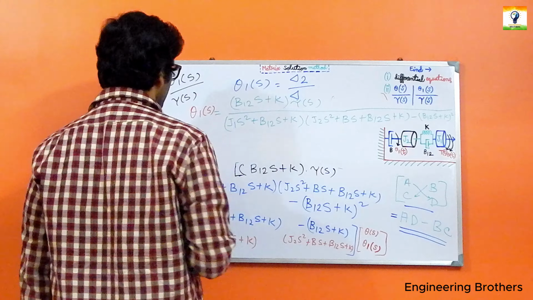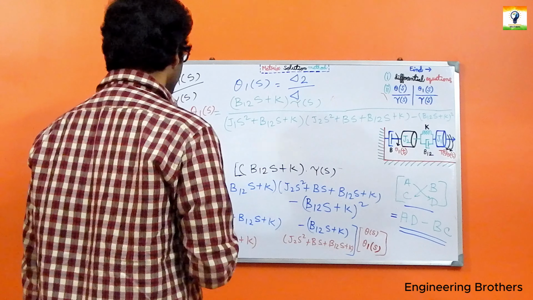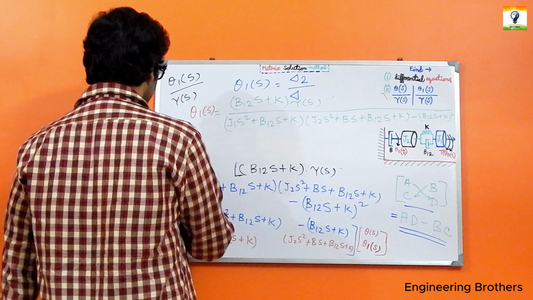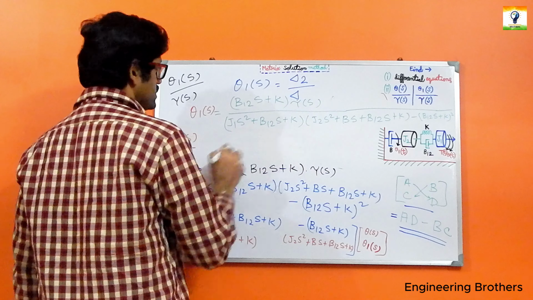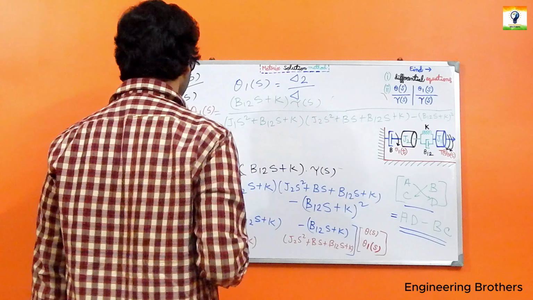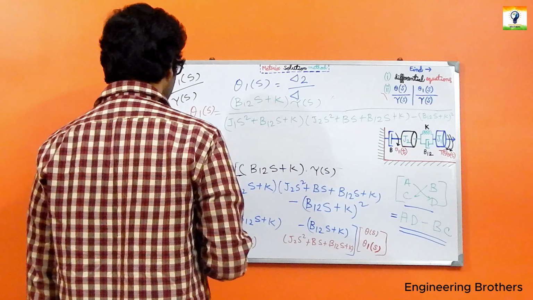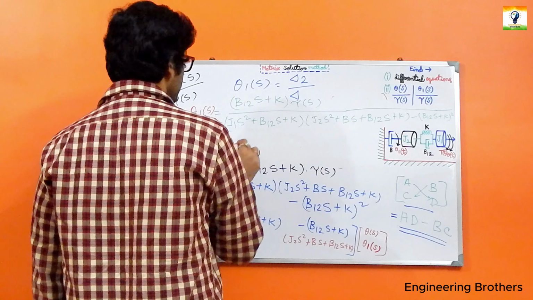This is the exact definition for our considered part for our theta 1s. Now, to form the ratio for our transfer function, we need to have that as theta 1s by tau s. If we transfer that tau s to the other side of our equation, we have theta 1s by tau s.